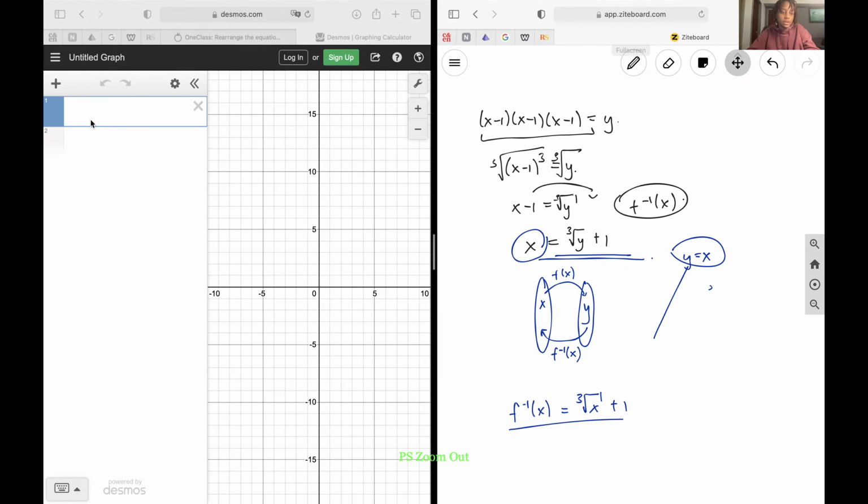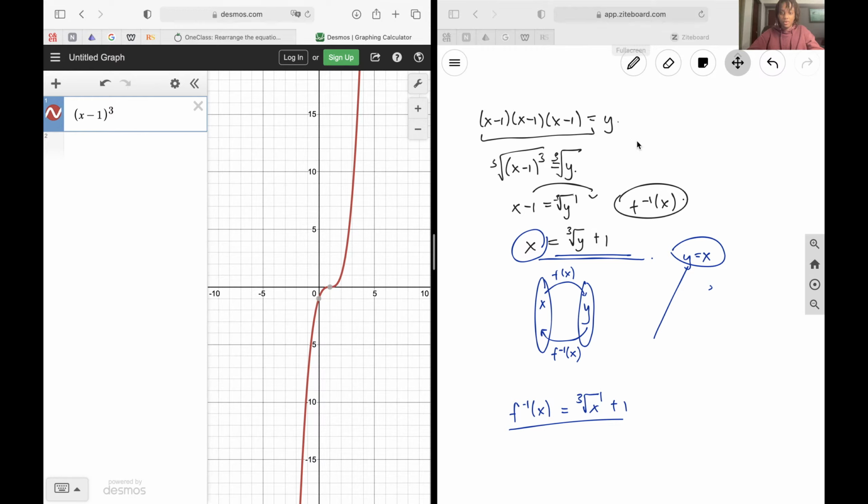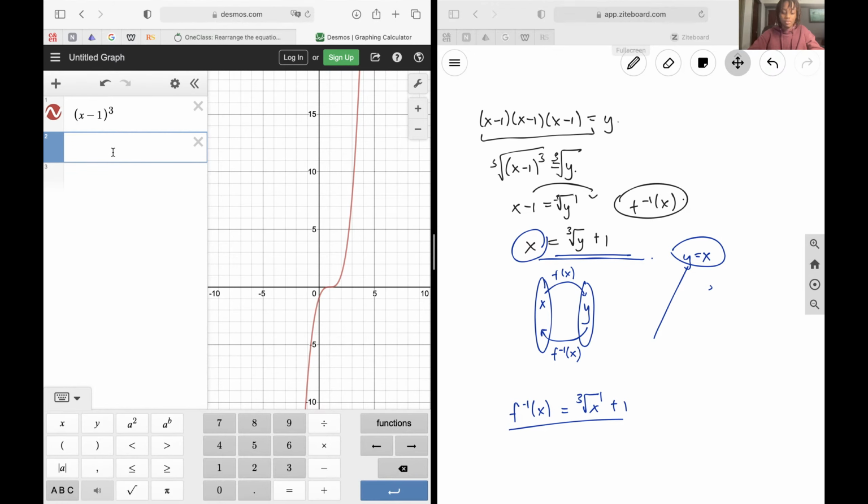So for the first function, that's my first function, is equal to y. But now instead, I'd like to have the cube root, so x to the power of 1 over 3, plus 1.